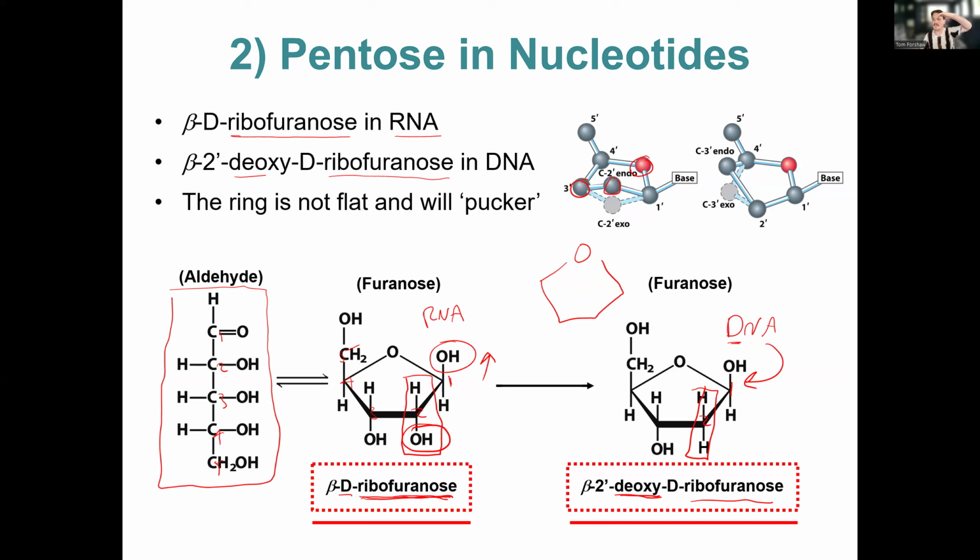So it might have a slight bend to it in the ring, and once the nucleotides chain together and form DNA, this will change the shape of the DNA and the way in which it will arrange. But that's not so important at this level. I just thought I might mention it.